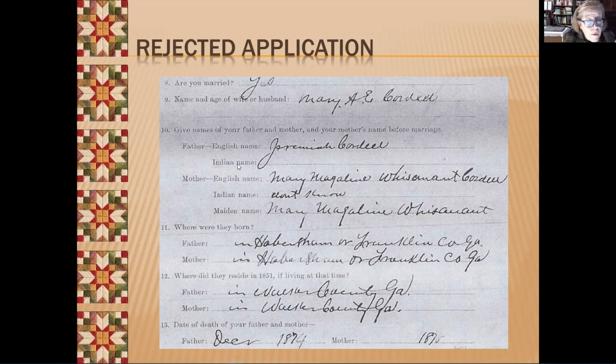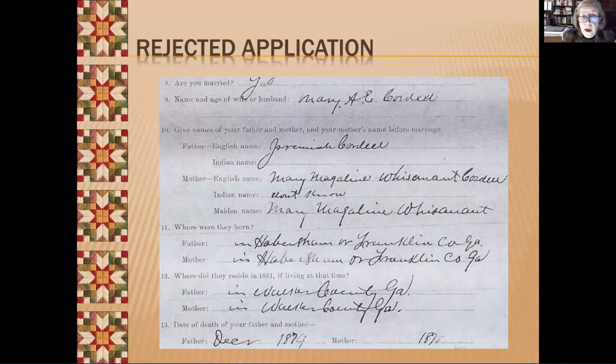And then here we go. Now, so again, he's not eligible to be on this roll, but he is answering the same questions that Sterling Colston answered about his ancestors. So now he starts on his parents and grandparents.